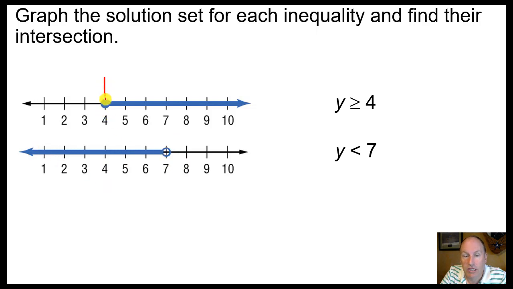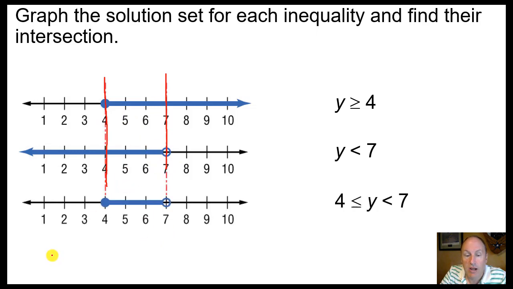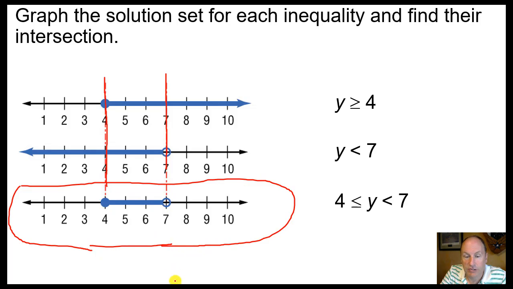So now we're looking at the intersection of these two things. Everything that is both greater than or equal to 4 and at the same time less than 7. So we're looking at this joining, this intersection part. And indeed, we have a closed circle on 4, an open circle on 7, and everything that's in between. That is our solution.